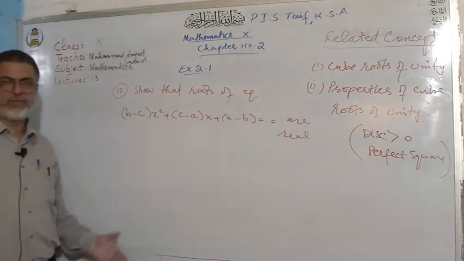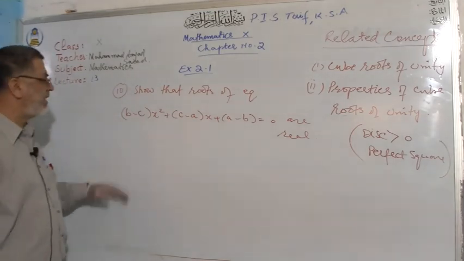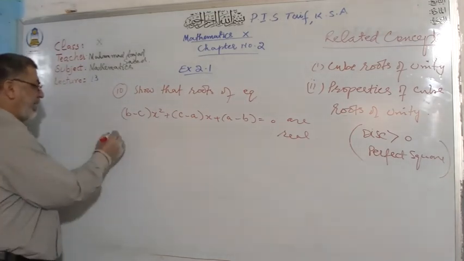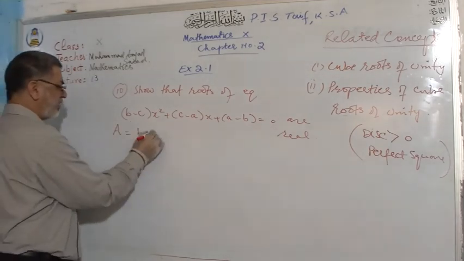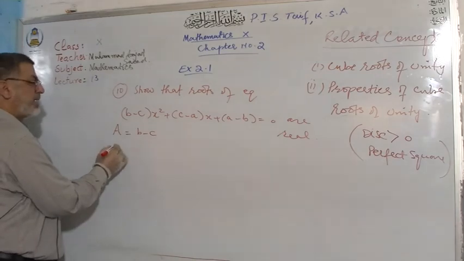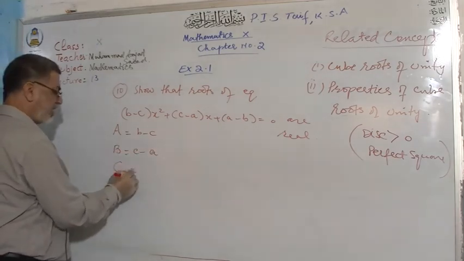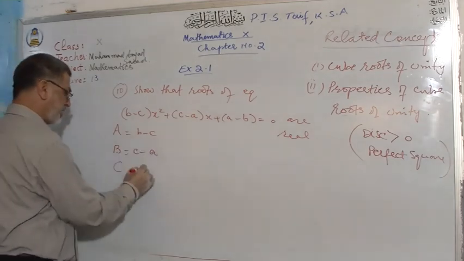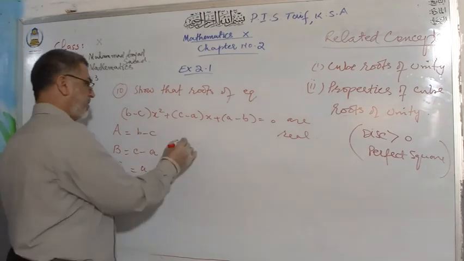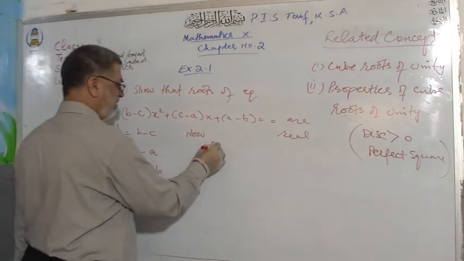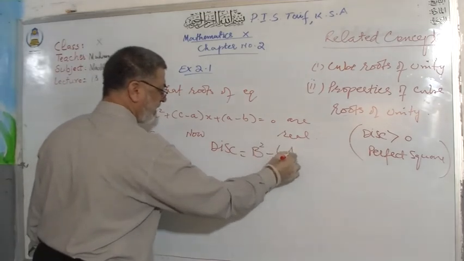Remember that I've told you already, in case of the equation in which small abc are involved, you can take the coefficient of x square as capital A, coefficient of x as capital B, and the constant as capital C, that is a minus b. Now, disc is equal to B square minus 4AC.